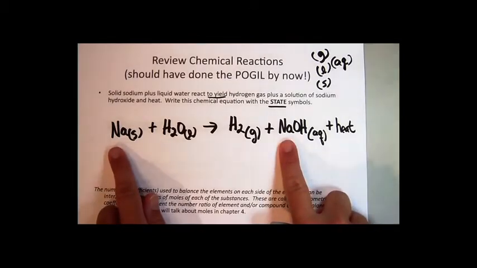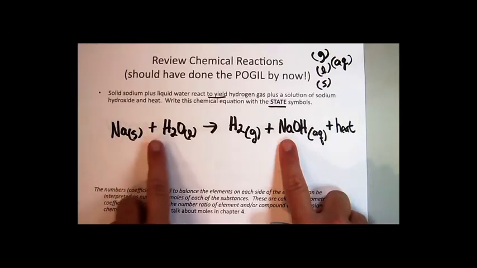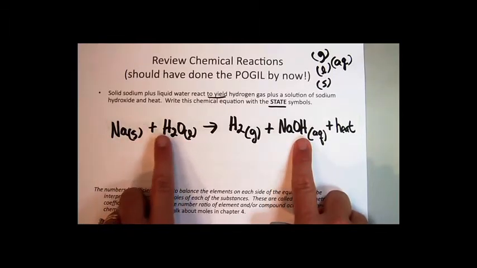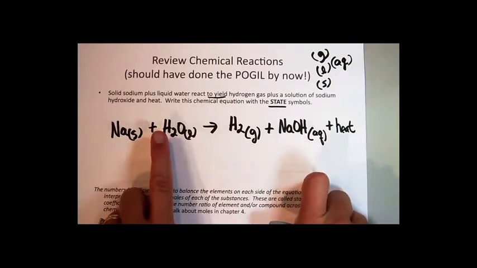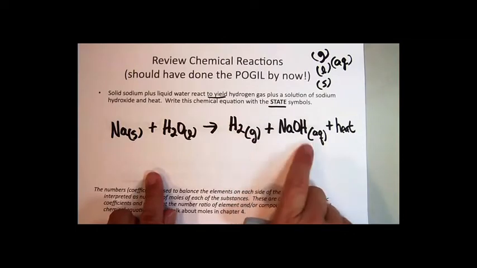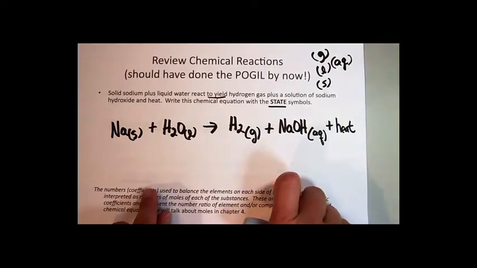If you want to, you can draw little circles, little spheres, if that helps you model it. If not, you can just recognize this. There's one sodium here and there's one sodium there. There's one oxygen here, there's one oxygen there. On the left-hand side of the equation, there's a total of 1, 2 hydrogens. And over here, there's a total of 1, 2, 3. So everything is balanced here as written except for the hydrogens, so we're going to have to fix that.